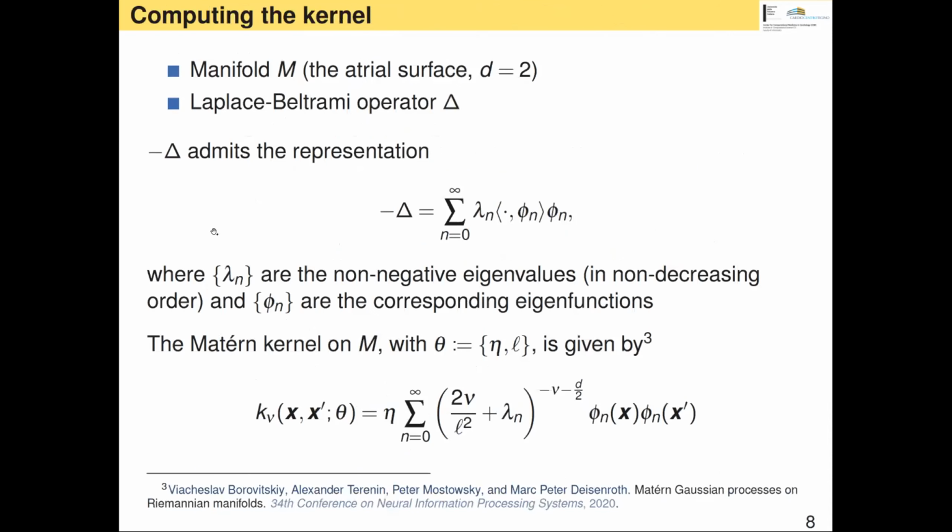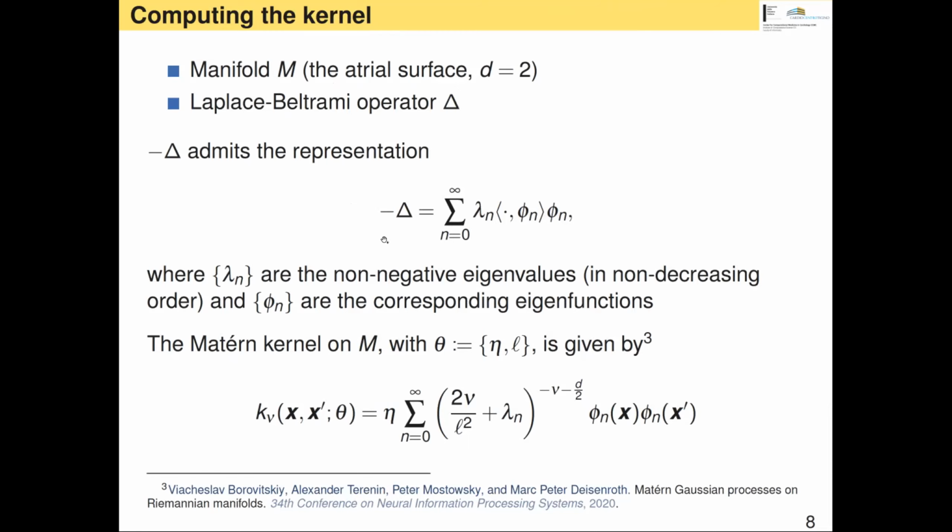So as we've seen, Gaussian process classification requires the computation of some kernels. This is not straightforward in the case of Gaussian processes on surfaces. So I present here the technique proposed in this paper about Gaussian processes on manifolds. So we consider a manifold M that in our case is the atrial surface with topological dimension d equal to 2. And we consider the Laplace-Beltrami operator delta.